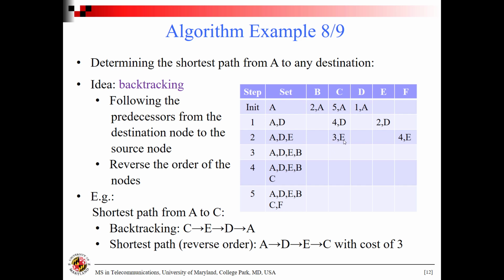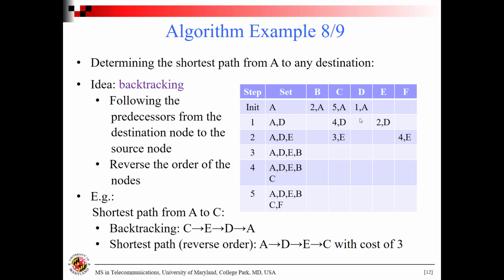And you can see the predecessor node is node E. So when we are doing the backtracking, we start from C, which is the destination, and we look at the predecessor of C, and that's E. So we write down E. Now we go to E and look at its predecessor, which is going to be the node D. So we write down the node D. It's right here.